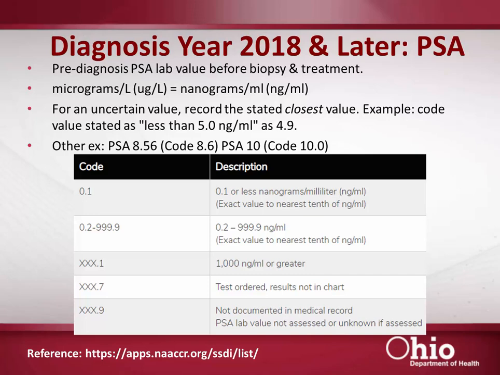When you have an uncertain value, such as less than 5.0 nanograms per mil, code the closest value to that, which would be 4.9 in this example. There's also a special format for this data field when PSA lab value is greater than 1,000 nanogram per milliliter.